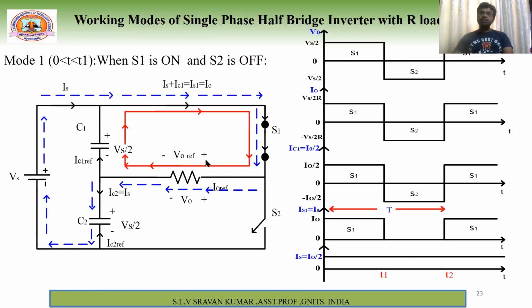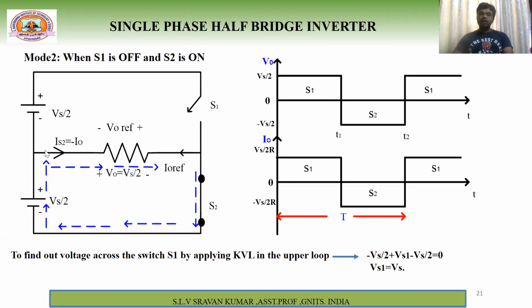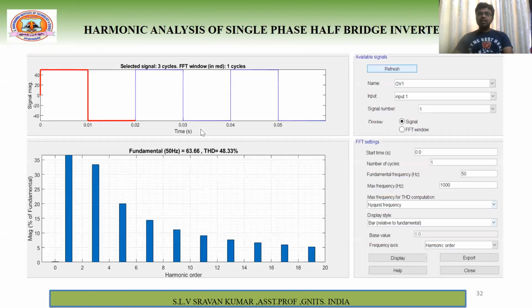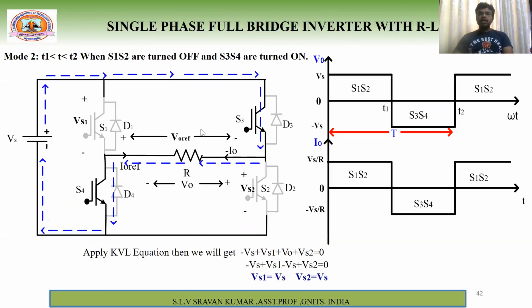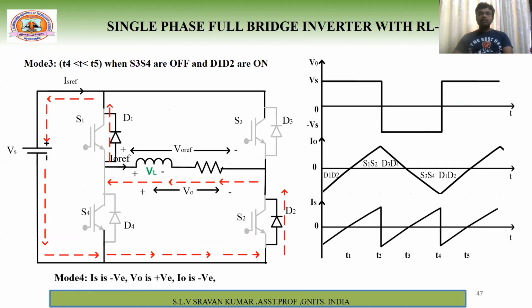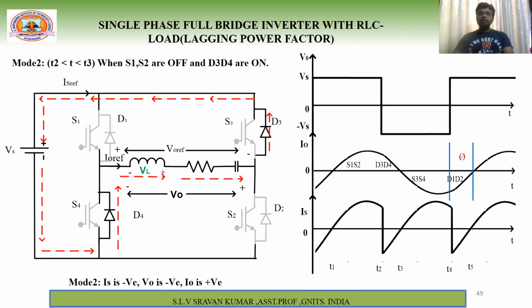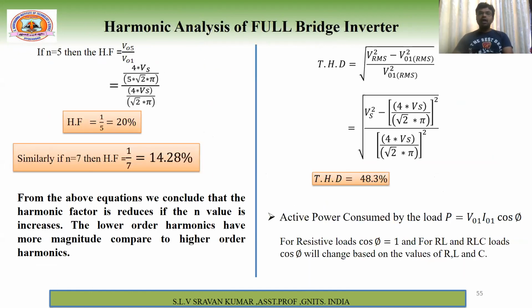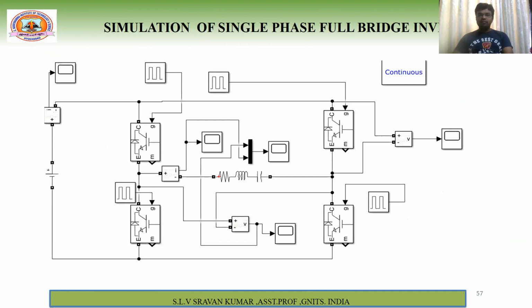So that's why this is called a DC 3-wire system. A DC 3-wire system is also required in single phase half bridge inverter. So that is the reason generally nobody will go for half bridge inverter. Everybody will go for full bridge inverter. So that is the main advantage of full bridge inverter rather than the half bridge inverter, right?